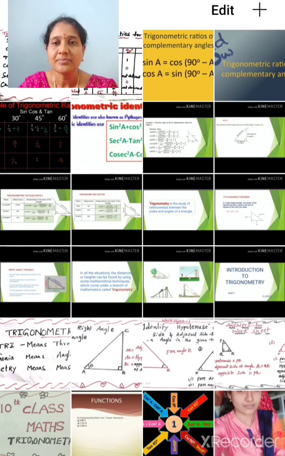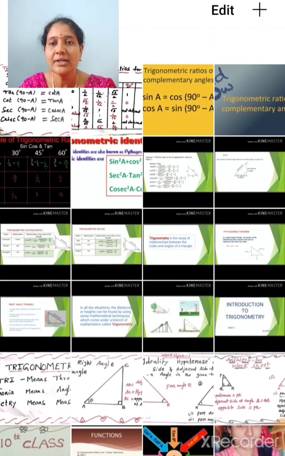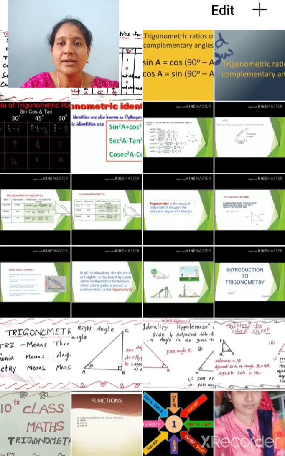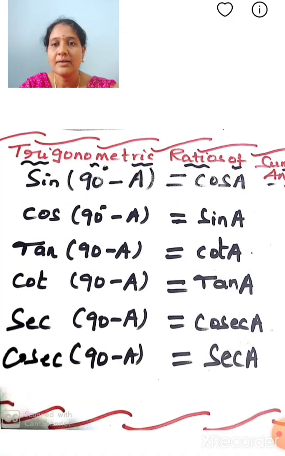Let's see. Sin of 90 minus A is equal to cos A. Cos of 90 minus A is equal to sin A. Observe those two properly, children. If 90 is there, sin will change to cos. If 90 is there, cos will change to sin.